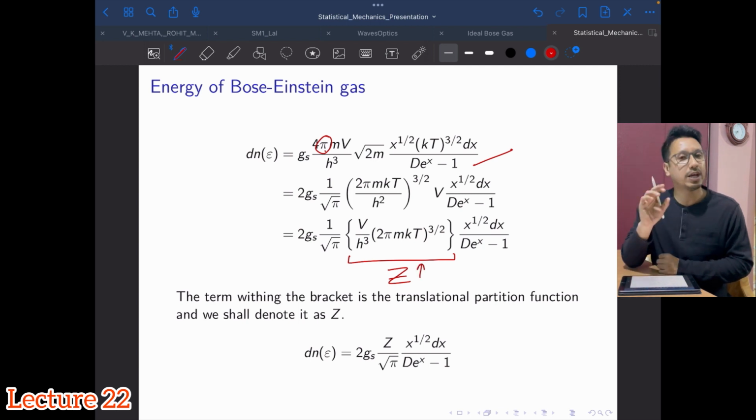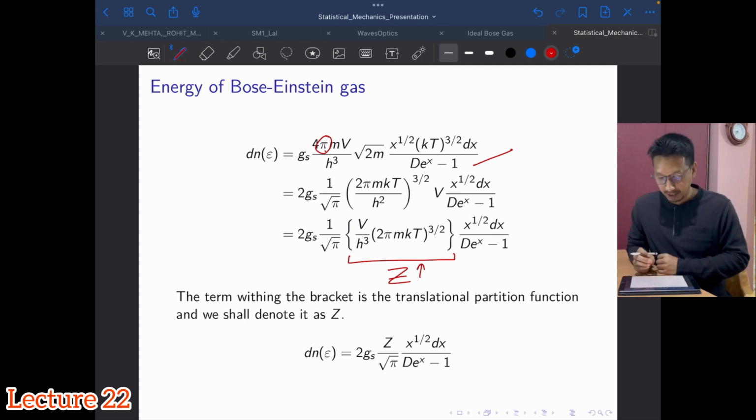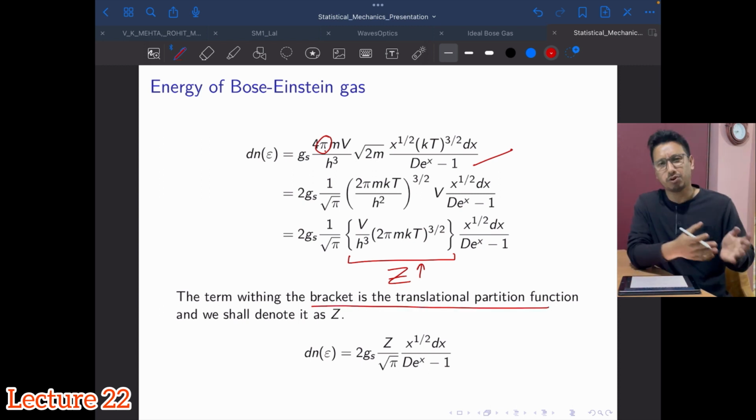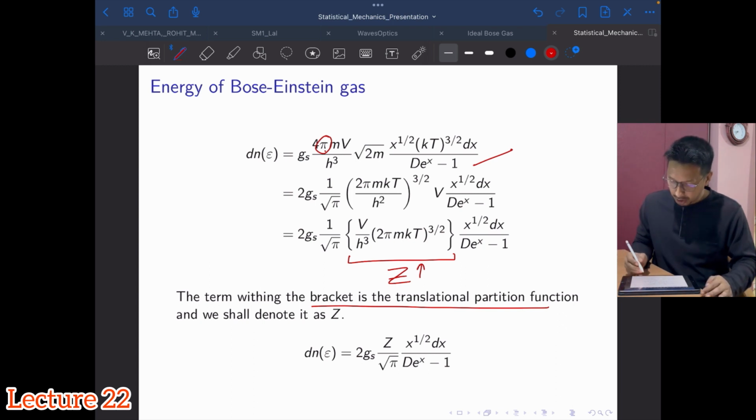You can go back to that video and watch again if you are finding it a little uncomfortable here. So this expression I will substitute with Z now. This term with the bracket is the translational partition function, because you're talking about only the translational energy here, right? Now you see the expression becomes a little simpler after substitution for x.